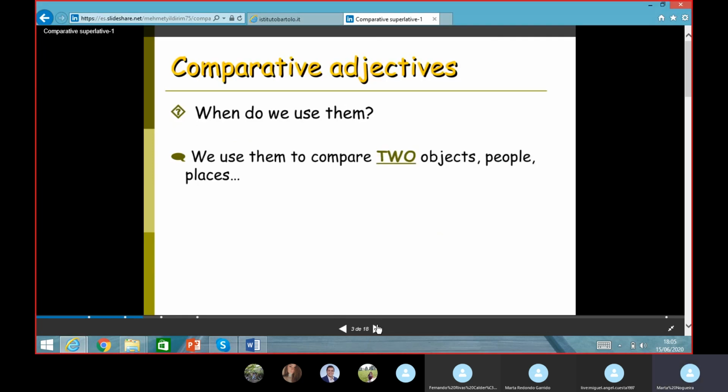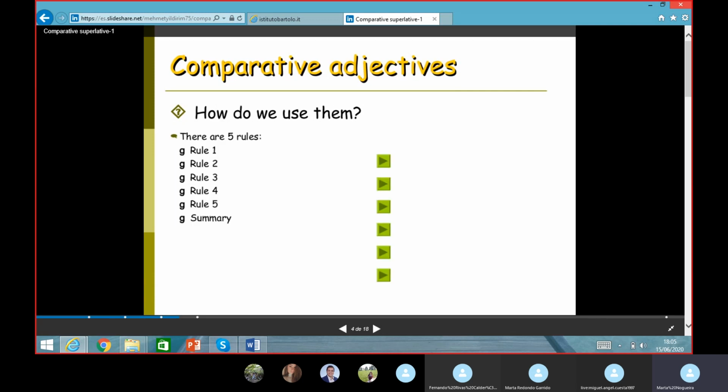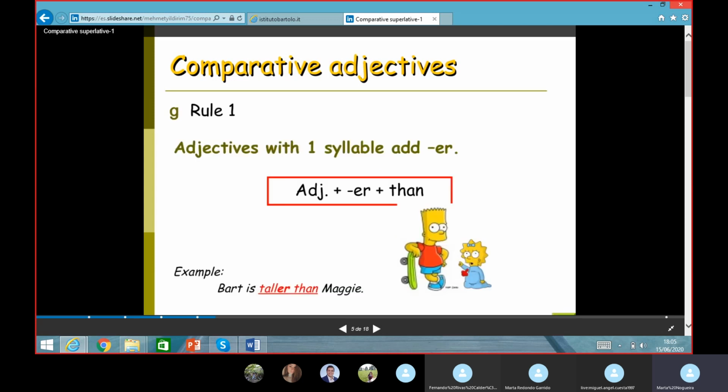When do we use comparatives? We use them to compare two objects, people, or places, whatever thing that we are comparing. Comparative, so we are comparing. There are certain rules that we must follow when dealing with comparatives or superlatives or with anything in grammar, and there are 5 rules.